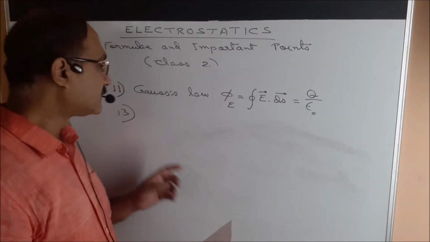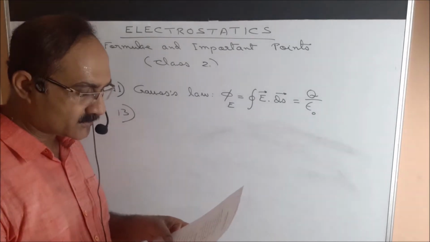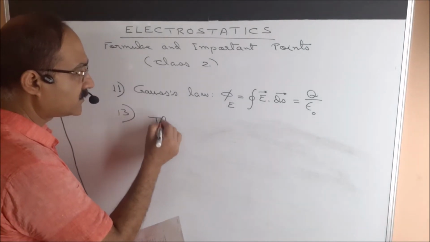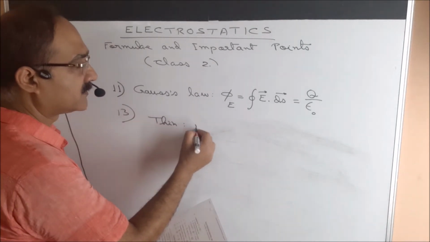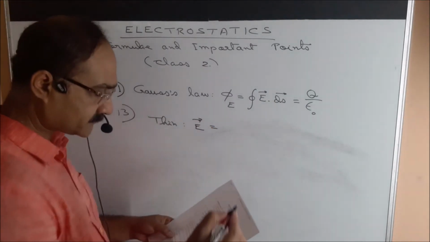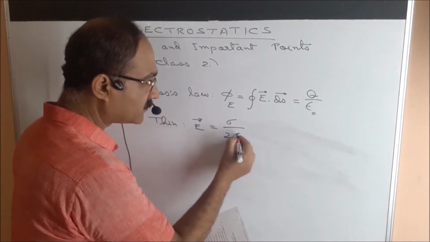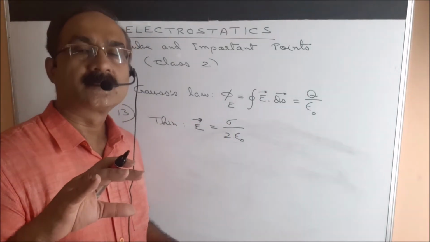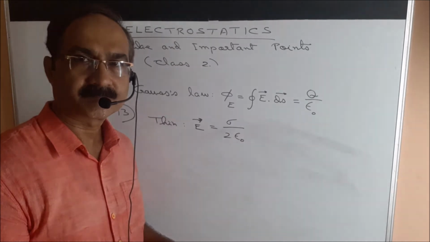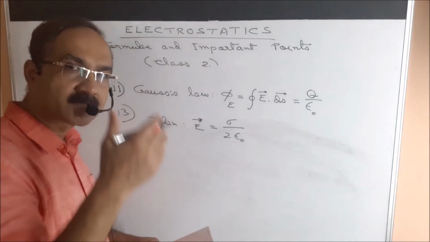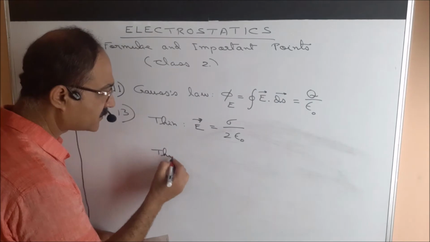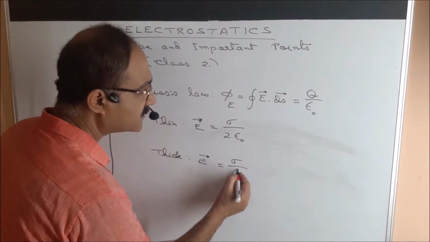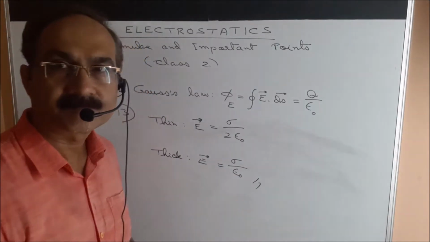Next comes formula number 13, which is electric intensity due to a plane sheet. So if the sheet is thin, then the formula is given by sigma by twice epsilon naught. Sigma is surface charge density. So this is for a thin sheet, and for a thick sheet the electric field is given by sigma by epsilon naught.